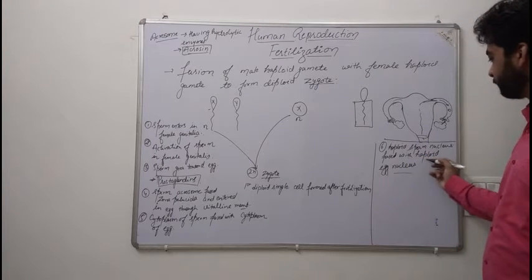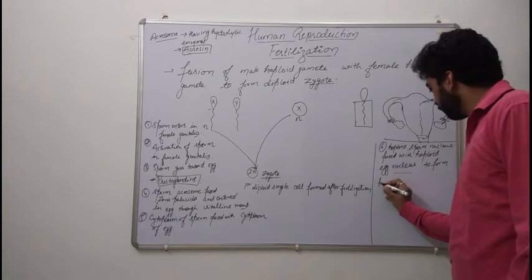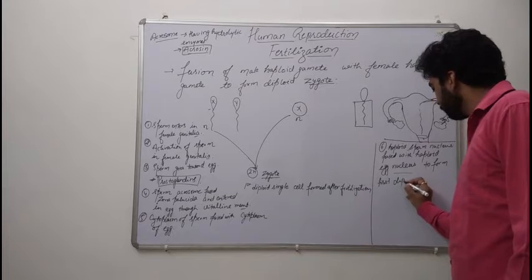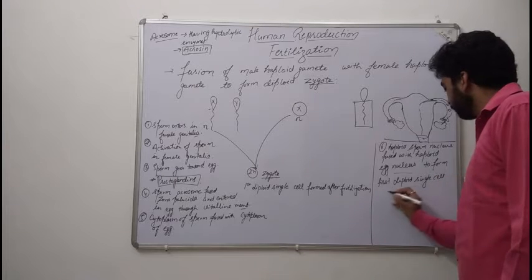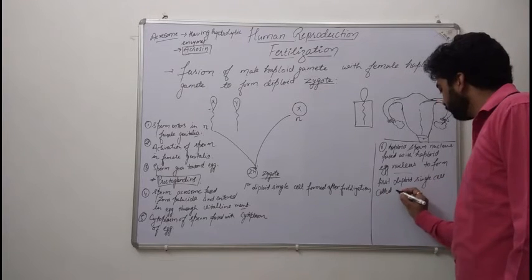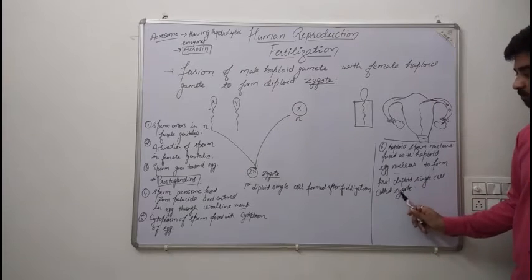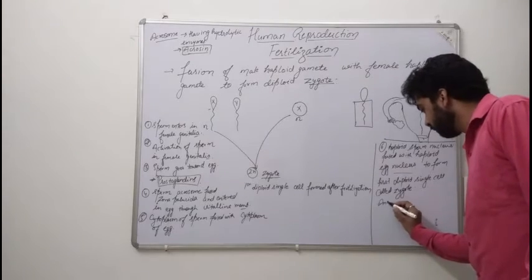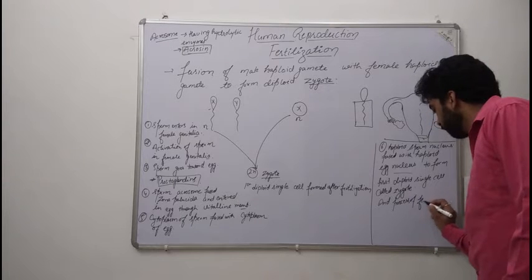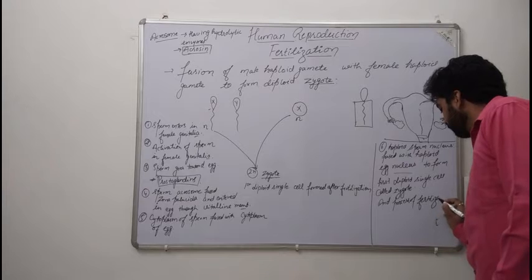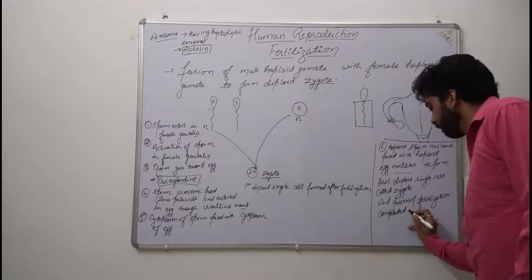The haploid sperm nucleus fuses with a haploid egg nucleus to form the first diploid single cell called zygote. Here the first single cell formed is the zygote, and the process of fertilization is completed here.